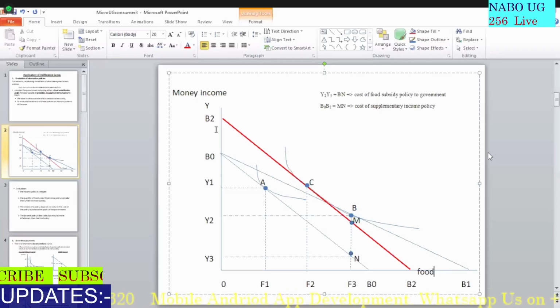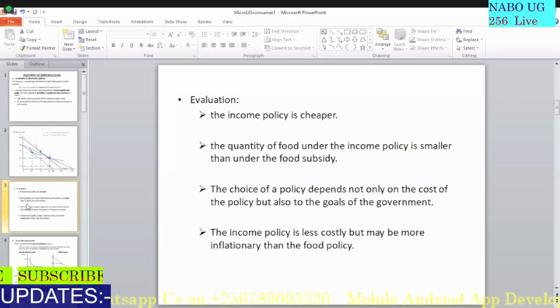You put everything on the table, so it is the government to decide. When I say it is less costly now, in the future it will be inflationary, then the government has to consider which generation it wants to help. Because if you give the income policy today, then the next generation is going to suffer.